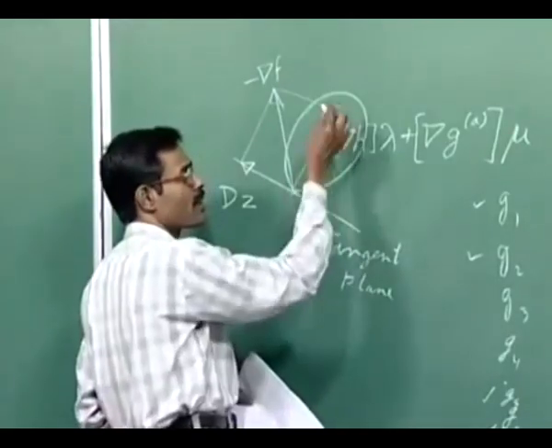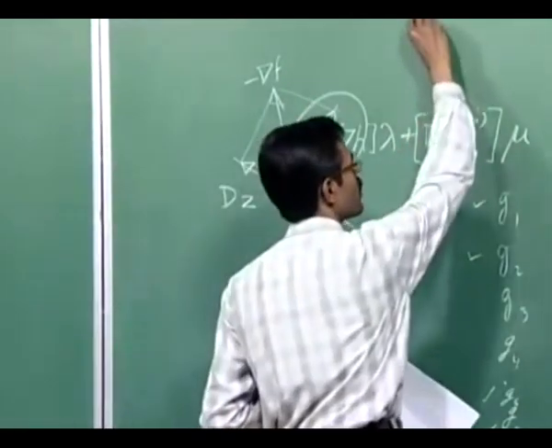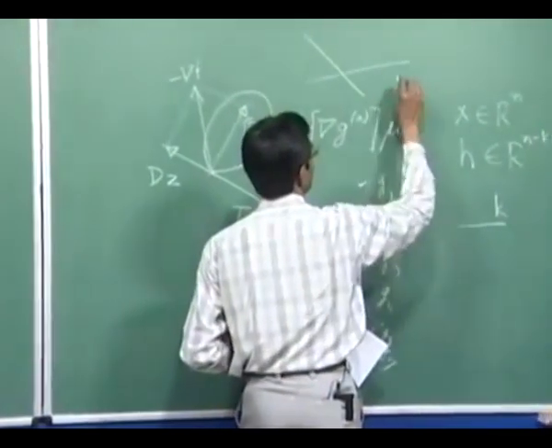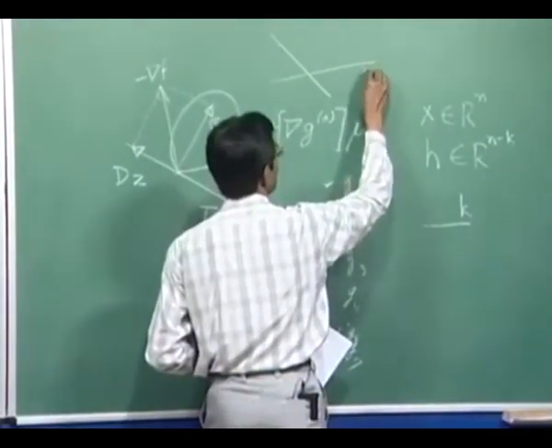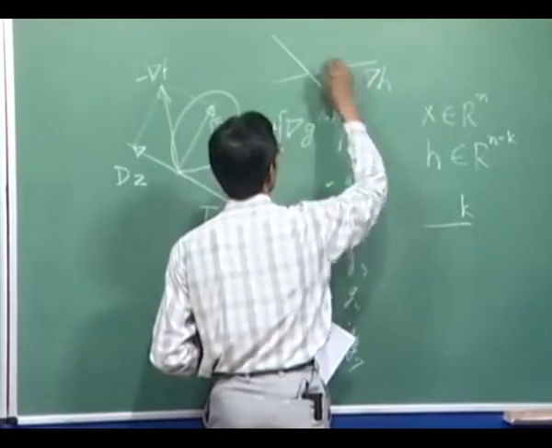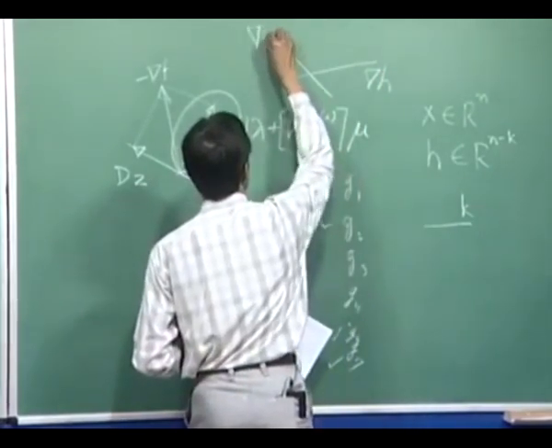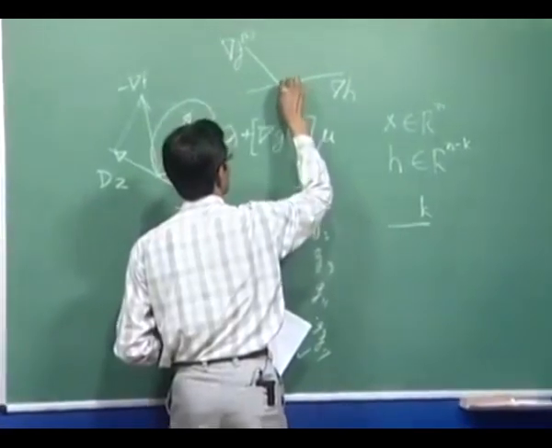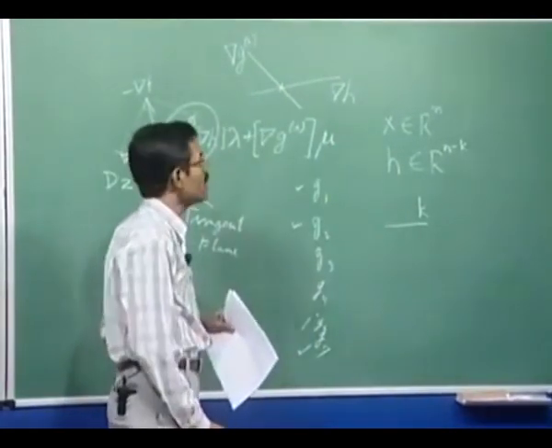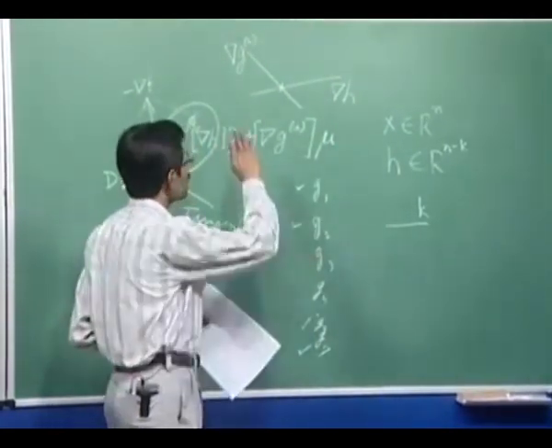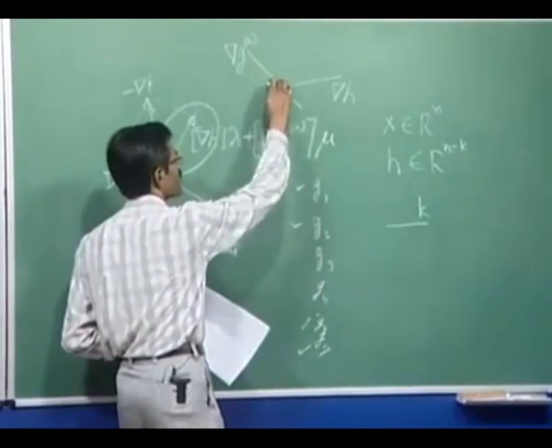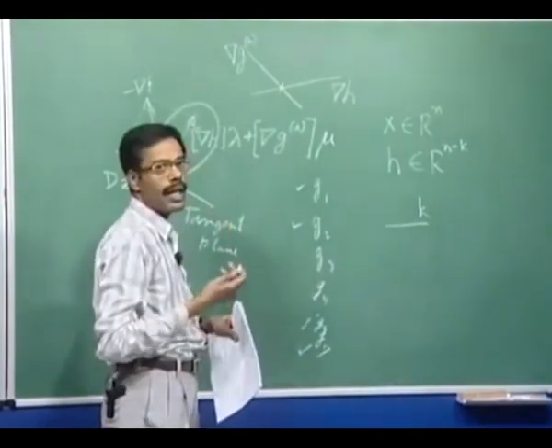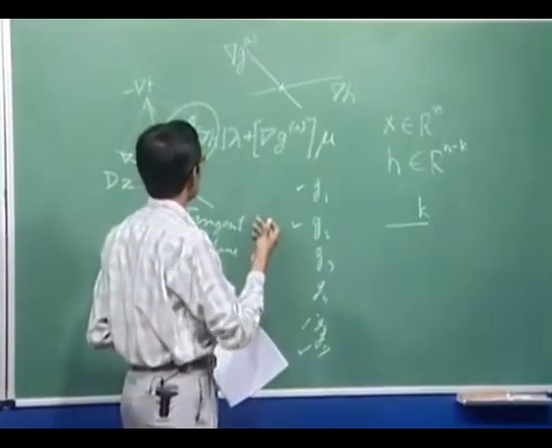For this subspace only, now if we draw directions, this is the direction of grad H and this is the direction of grad Ga, and we are currently at this point. Okay. Now, along these directions the negative gradient can have a component.